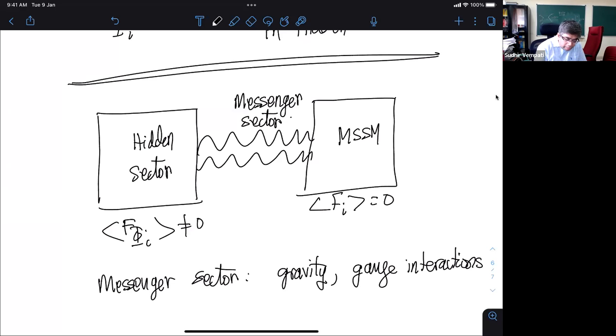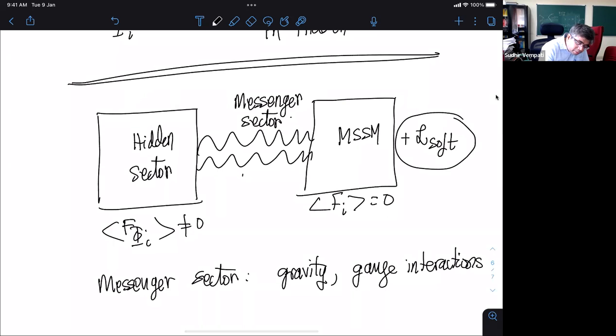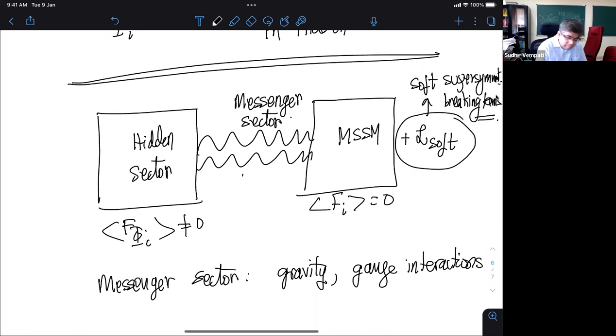In either case, you will end up having an L soft, which is the soft supersymmetry breaking terms.